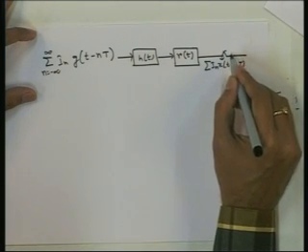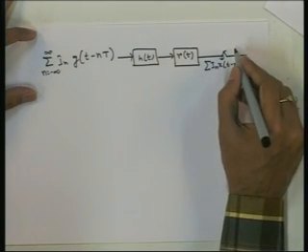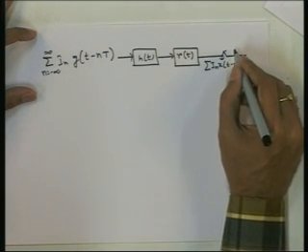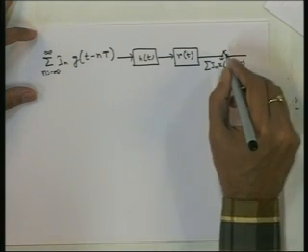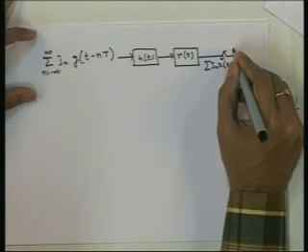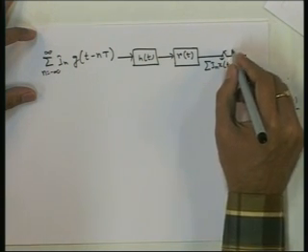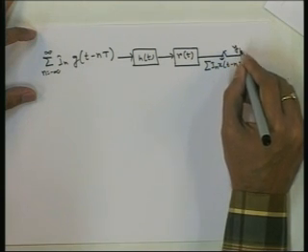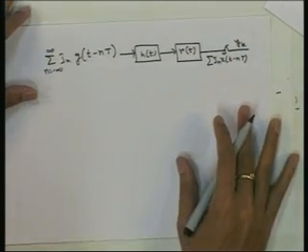So, these samples, let us call them y k, the kth sample is y k.